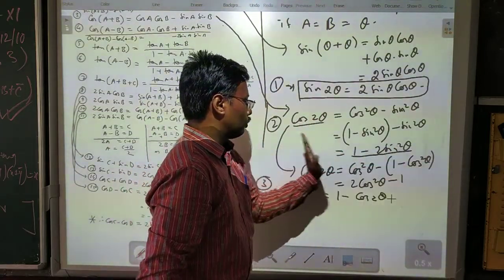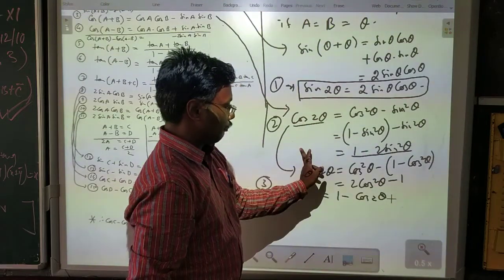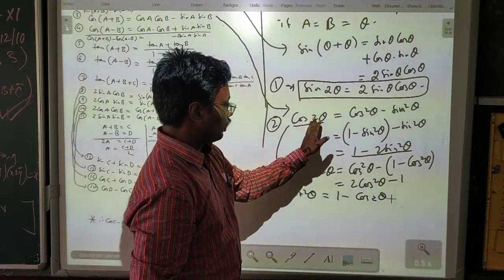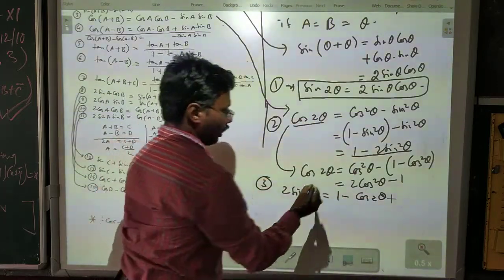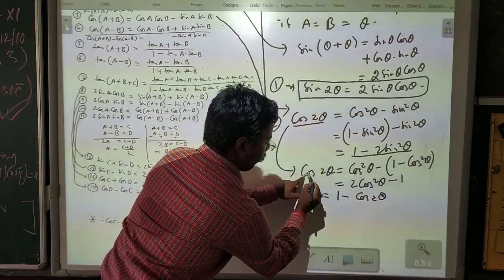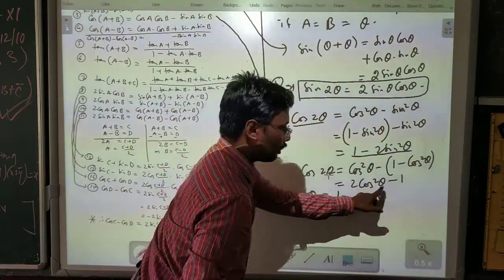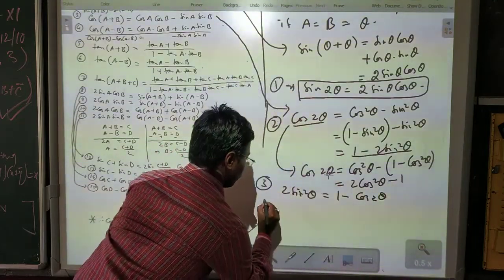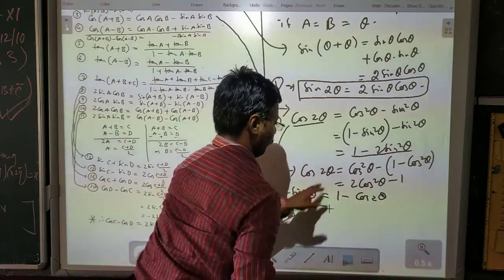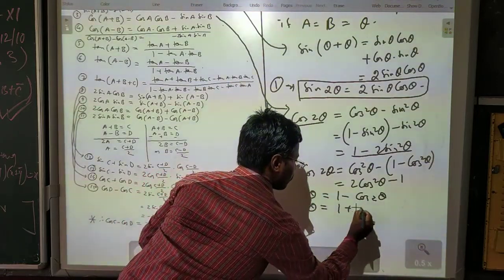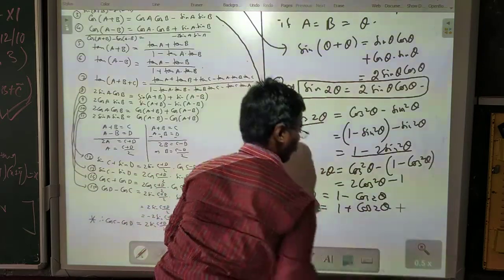So if it goes to the other side, sin changes into plus and cos 2 theta changes into minus. So we get 1 minus cos 2 theta. Now from the formula cos 2 theta is equal to 2 cos square theta minus 1, easily we can get 2 cos square theta is equal to 1 plus cos 2 theta.